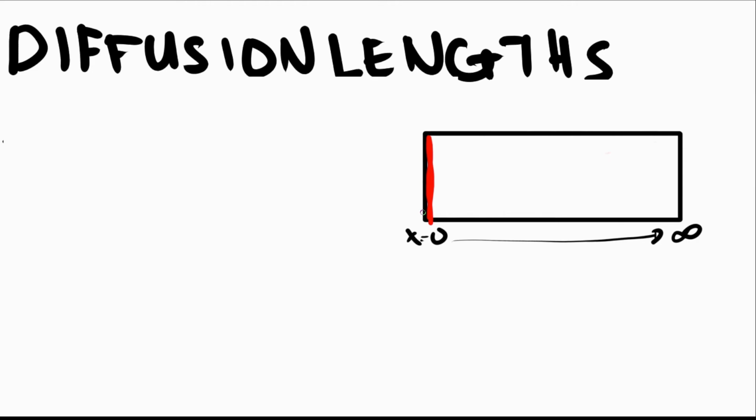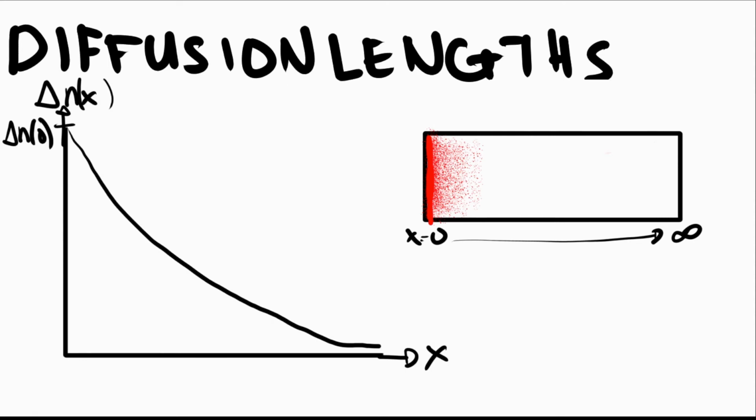Then these electrons will be allowed to diffuse towards x to infinity, because we have a concentration gradient, a higher concentration than this one. We will have a profile that would look something like this. The excess concentration profile, when we graph it with respect to x and delta n(x), where delta n(x) is the number of excess electrons at a specific point x, would look something like this.